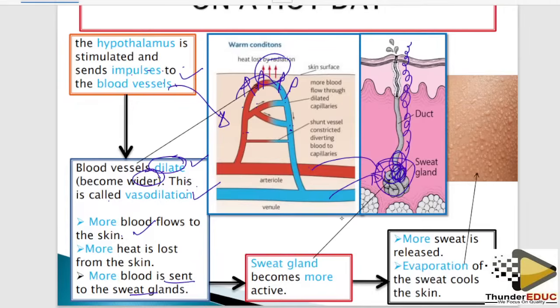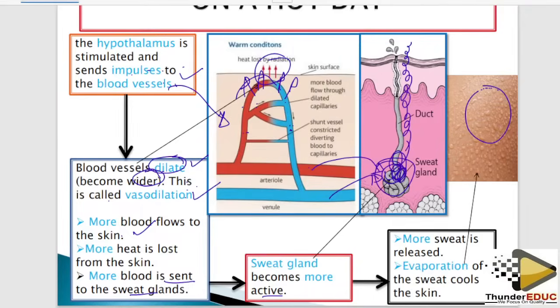You understand? And then now you'll see your skin like this, meaning that more sweat is being produced and released. So the sweat gland will become more active, meaning that it's going to produce more sweat. And as the sweat is released, evaporation is going to take place.